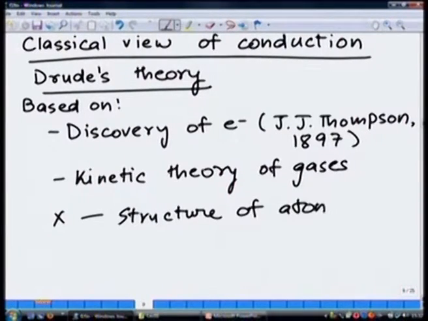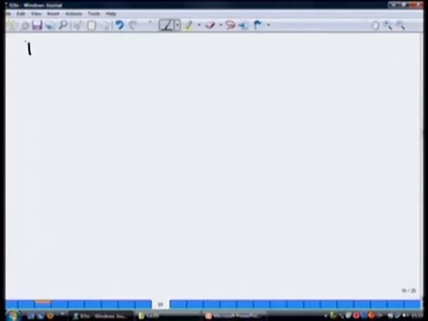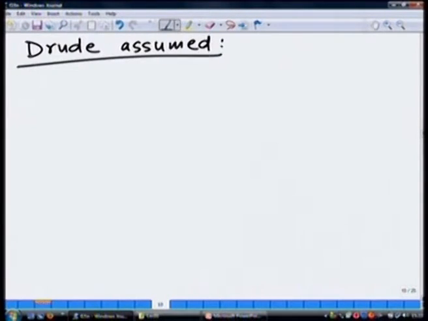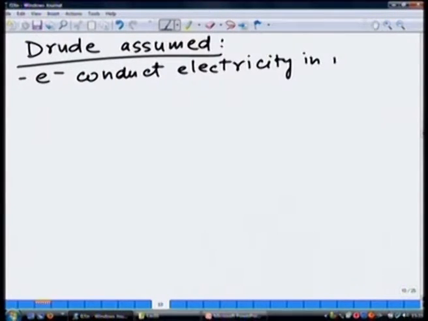So Drude went on to hypothesize what is going on. Drude assumed electrons, which are charged carriers, conduct electricity in metals.